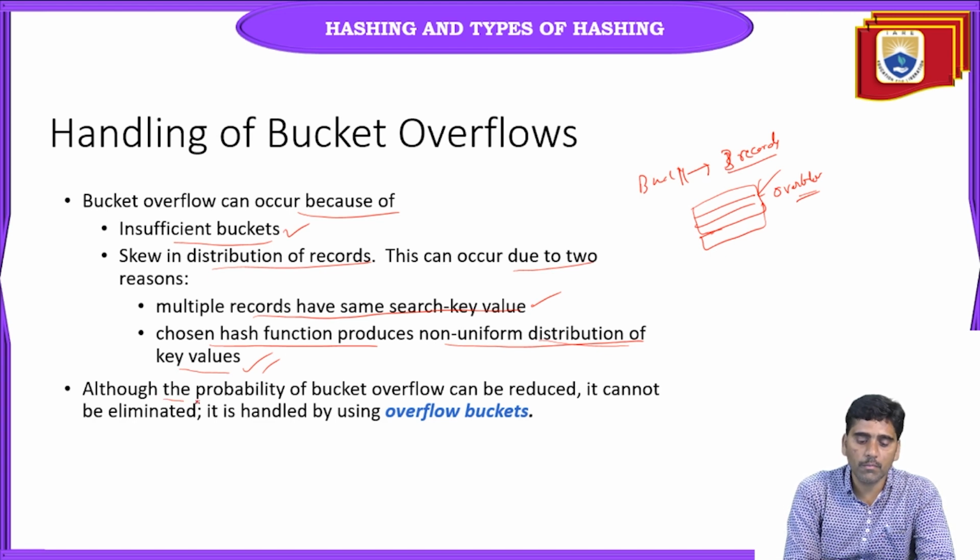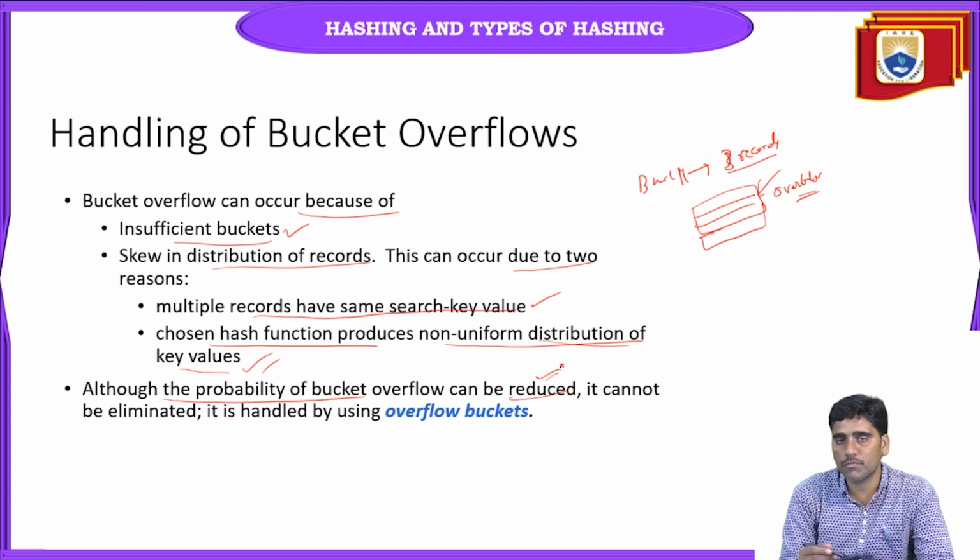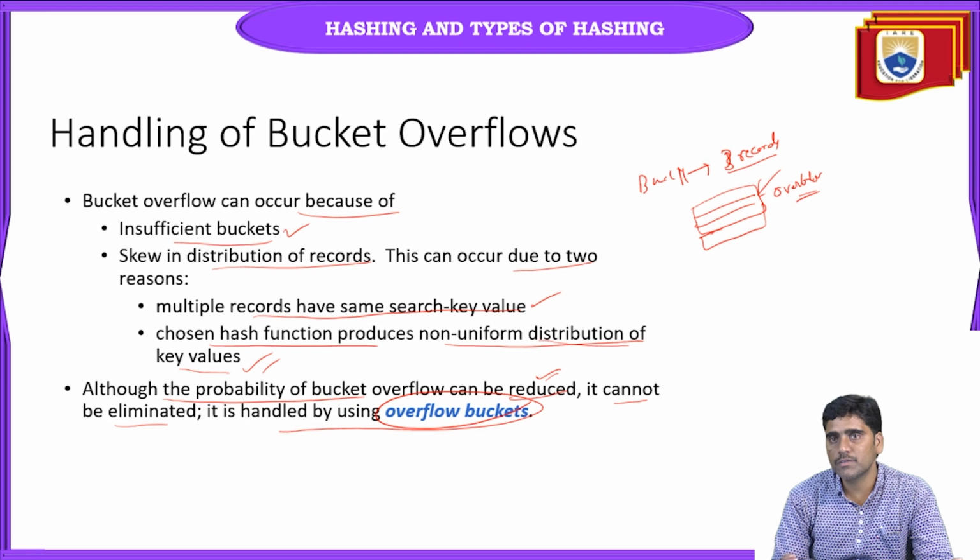Although the probability of bucket overflow can be reduced, it cannot be eliminated, and it is handled by using overflow buckets. So if insufficient buckets are there, then bucket overflow will occur.